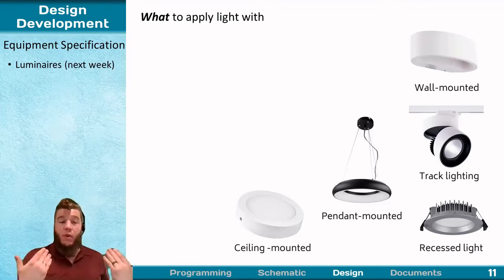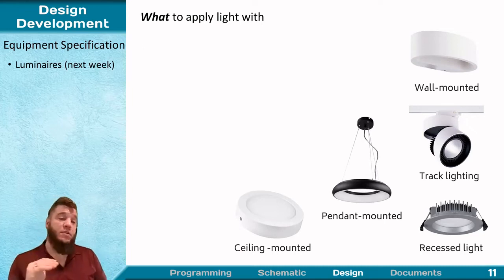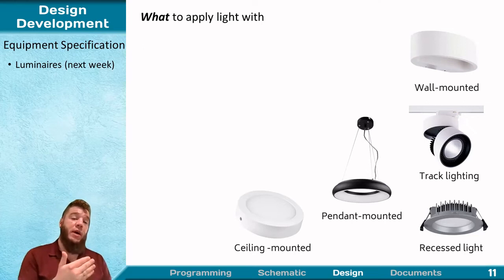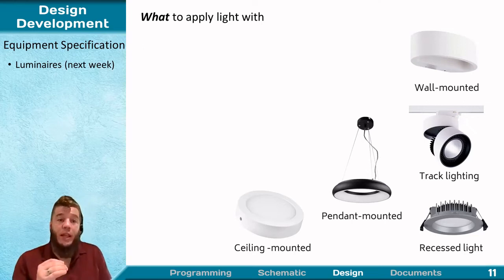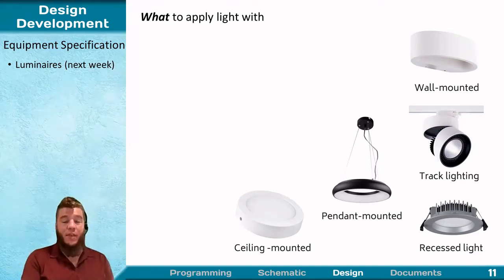First off, the real question here becomes, once you've established your design criteria, once you've established your design strategy, what are you going to apply light with? So, luminaires obviously is the answer to that question, but we've got a massive variety to choose from.